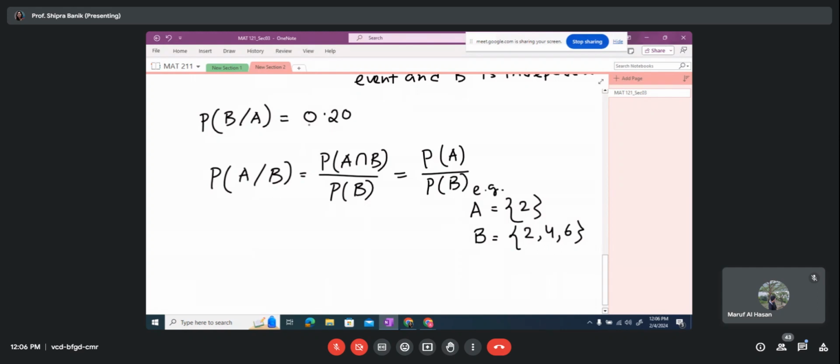If you want to calculate A intersection B, what will it come to? It's 2. So that is A intersection B, and that is only A, isn't it? That is the reason it is written here: A intersection B equals P(A).